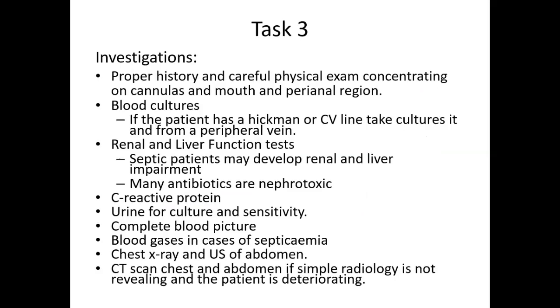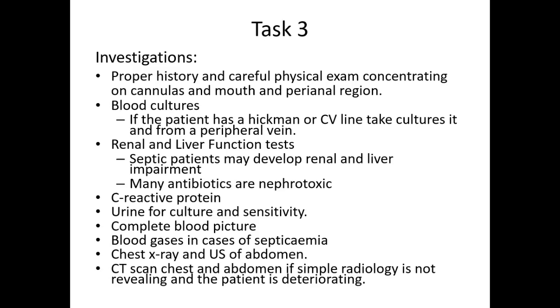Now we come to the third task. When we face a patient with neutropenia and an attack of fever, it is very important to act quickly because fever in these patients usually indicates infection until proved otherwise.